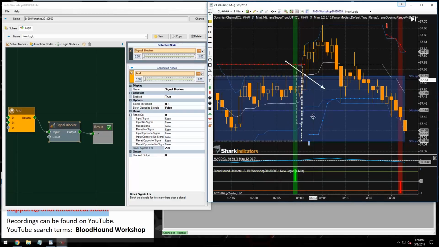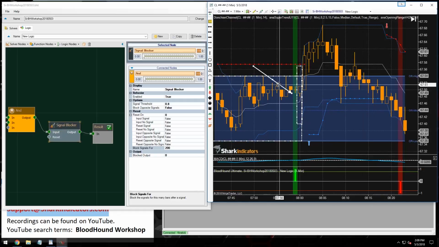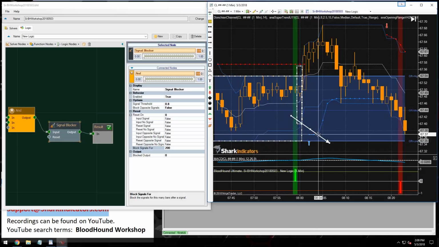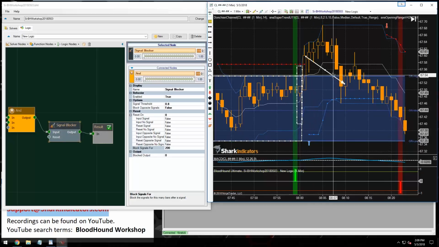Price could bounce around in here for quite a while before it breaks out. Price could reverse and go back down, in which case we want to submit a short stop entry order down here at the lower range. But price could come down here and change again and decide to break out to the upside.